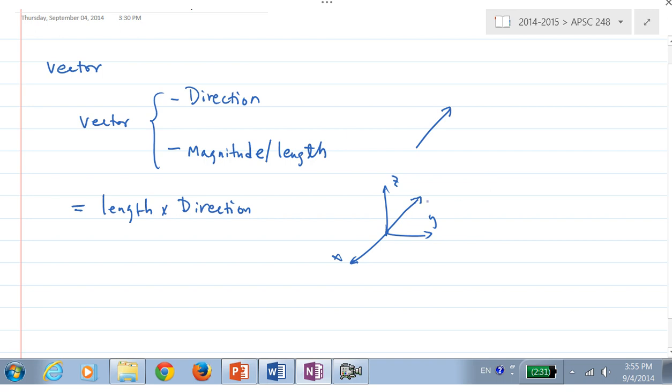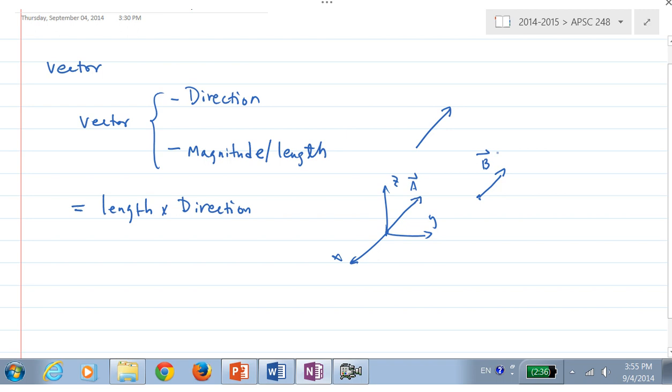That vector I will draw at here. In your words, that vector will have the same direction and the same length, but I draw it at here now. So let's say this is a vector A, and this is a vector B.